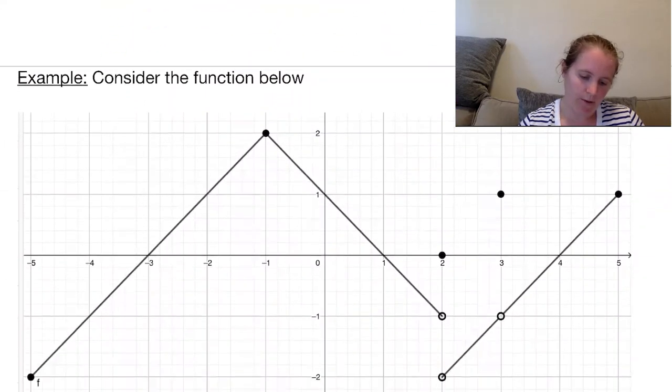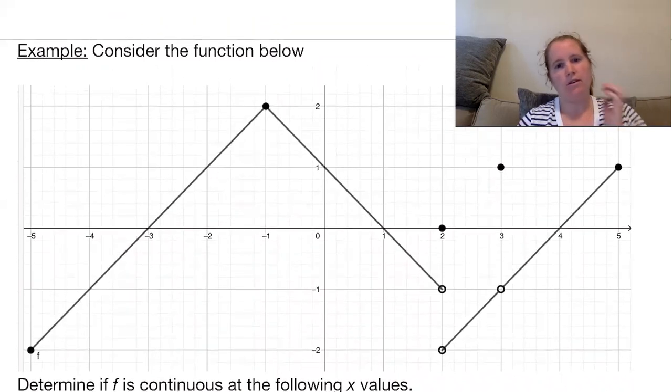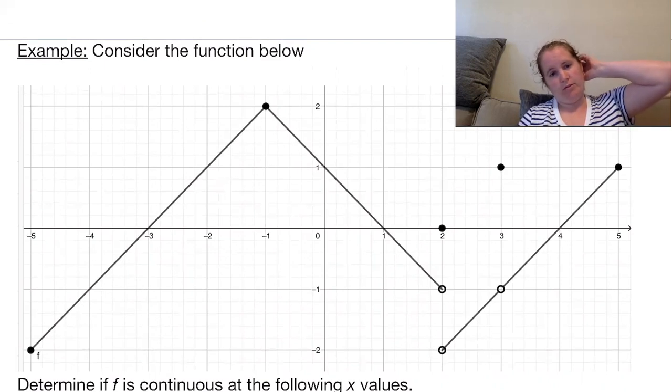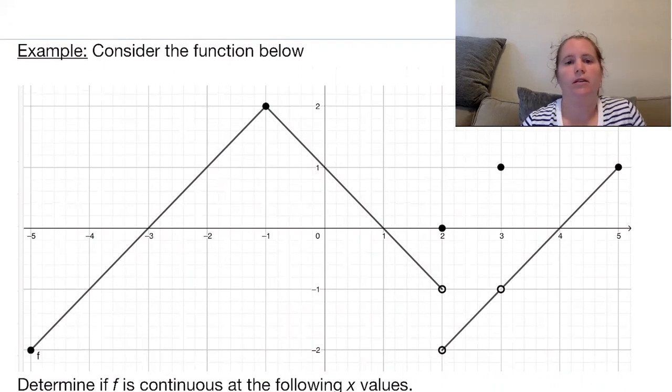So for example, let's consider the function f graphed here. On this function, we have a straight line running from the point -5, -2 to the point -1, +2. We have a closed circle at that point, -1, +2. Then we have a straight line from that point down to the point 2, -1.